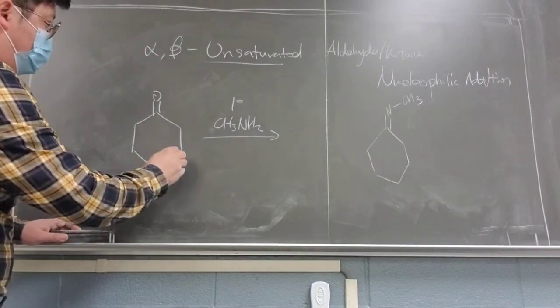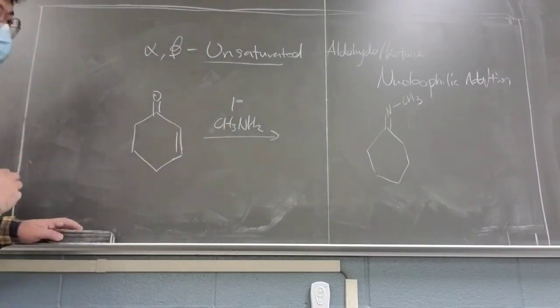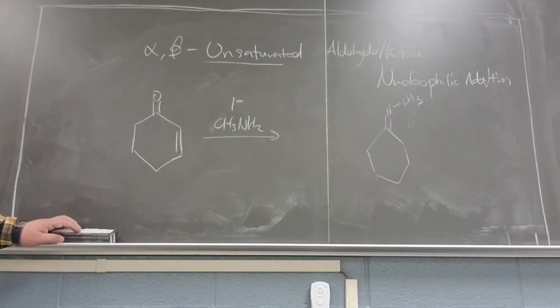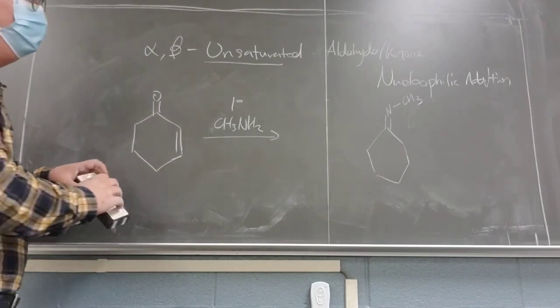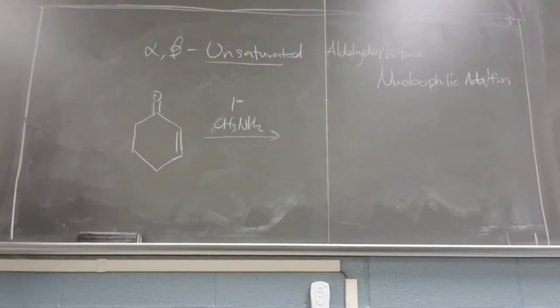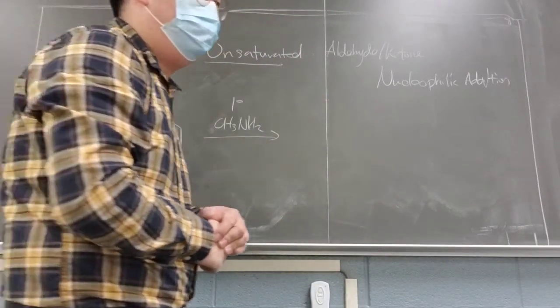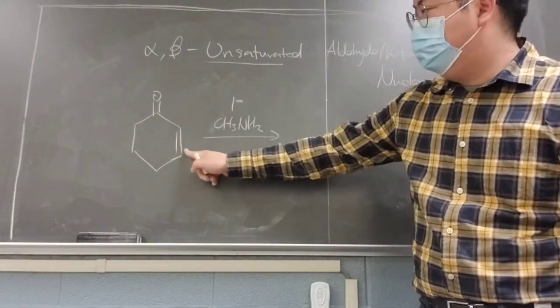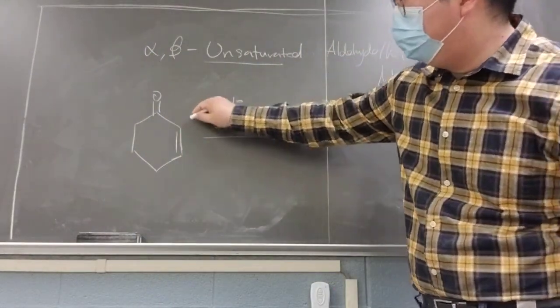Let's say we have this one. Maybe you can try this one real quick, thinking about the alpha beta addition here. So I changed this one to the double bond, these two, so you can have alpha and beta position.